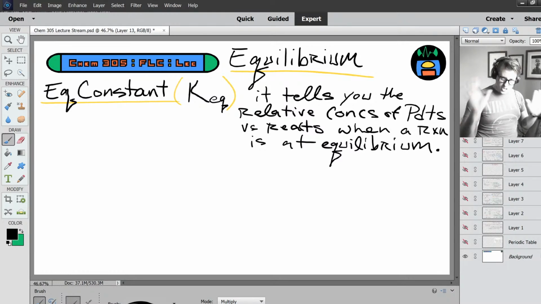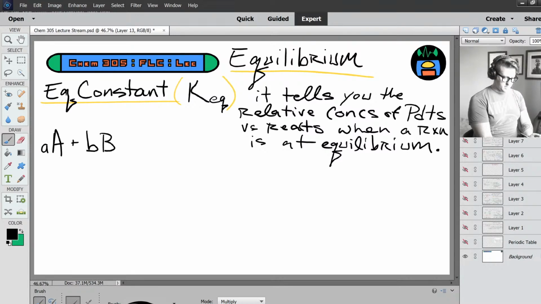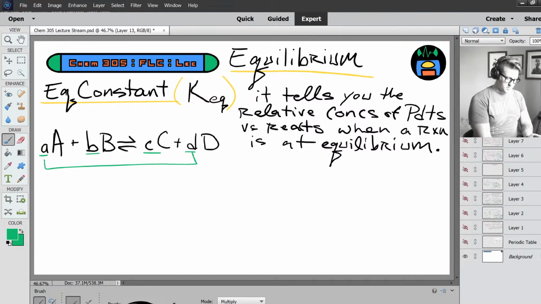So taking a generic reaction where you have A reacting with B reversibly to produce C and D. And just to be clear here, these are all the stoichiometric coefficients.